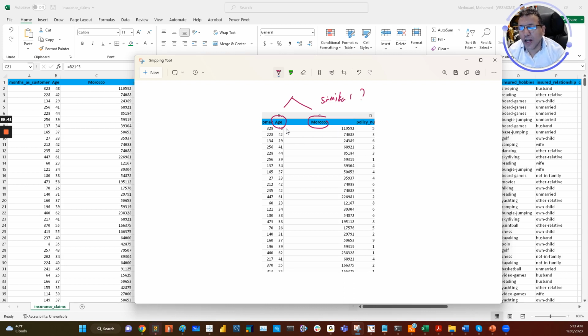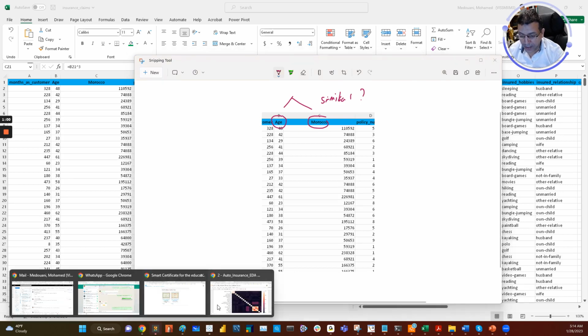I'm not talking about normal distribution, brother. I'm simply talking about the name of the feature and the value of each feature. Age is not Morocco, Morocco is not age, and the values for age are not the values of Morocco. So it looks like they are not similar. But let's read the data again, and I'll show you something very important.